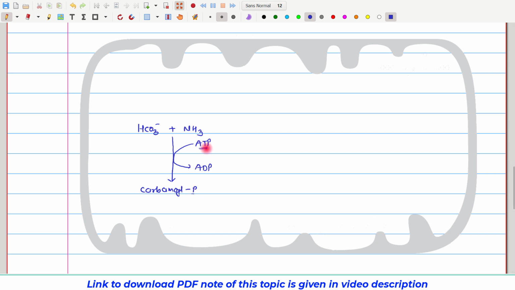So, this ATP can be considered a substrate of this reaction, whereas one more ATP is used for the provision of energy. So, one high energy phosphate bond is broken down and gets converted to ADP, and inorganic phosphate gets released. This step is catalyzed by the enzyme carbamoyl phosphate synthetase 1.